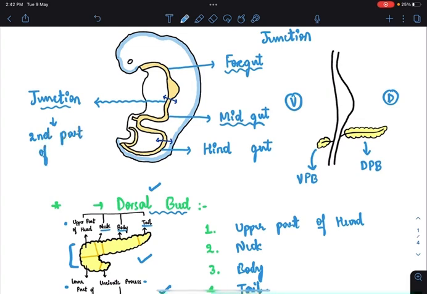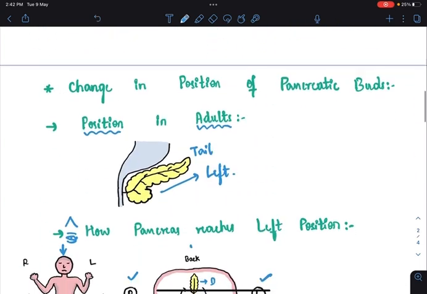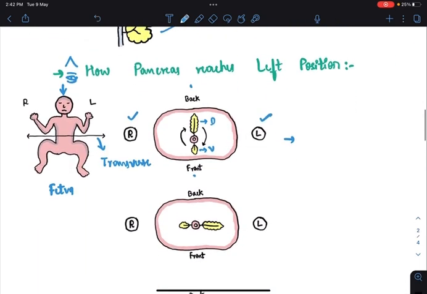You can call it the future duodenum because it is still in the developmental stage, right? So I use the term junction between foregut and midgut, duodenum. You can consider they are attached to the duodenum. So this is your duodenum. They are attached to the front and back of the duodenum.